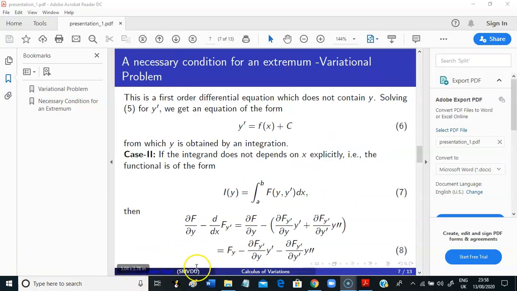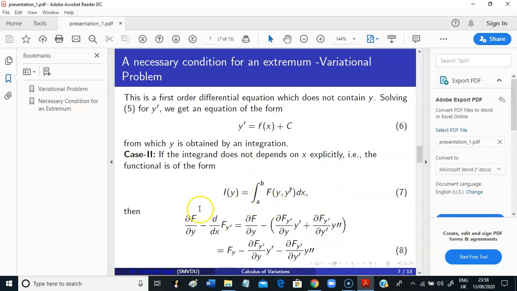Now we consider case 2. In this case 2, this functional is not depending on x explicitly, because here y and y' are appearing.